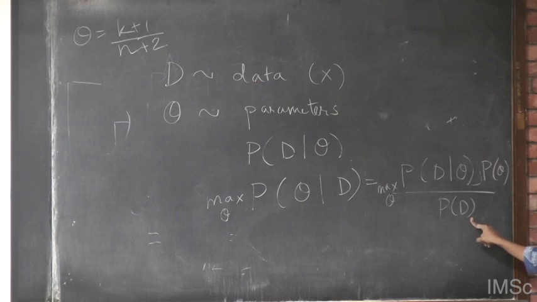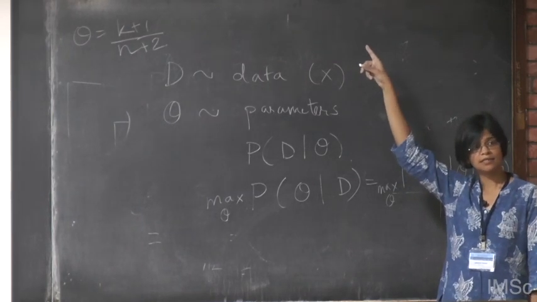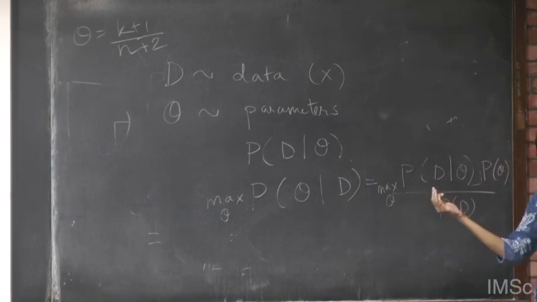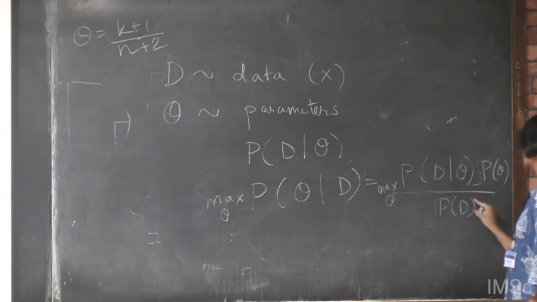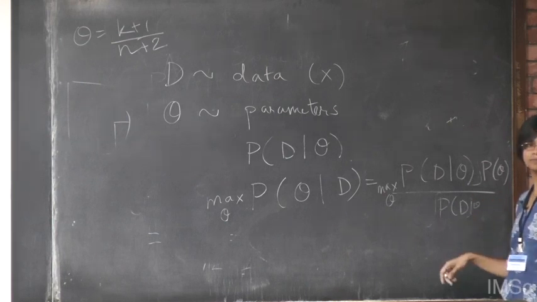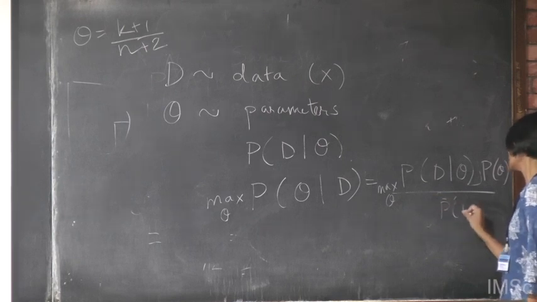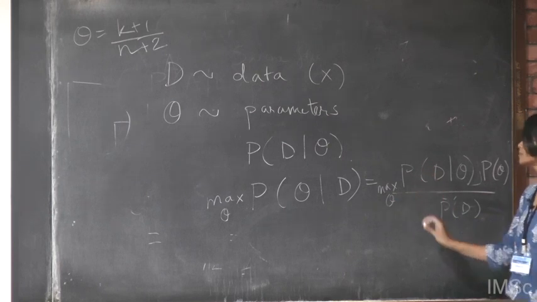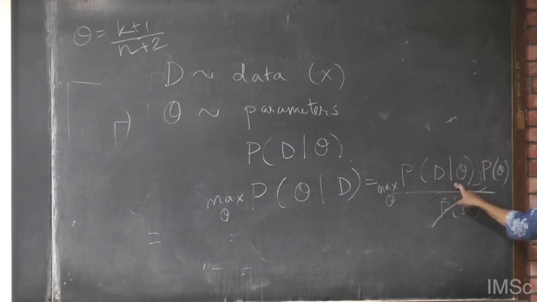It is independent of theta. Technically, this denominator is that earlier denominator of getting heads, where we split over all possible A and A bar. Technically, you should be doing this, P of D given theta and so on. But we don't care about all that, because P of D does not have a theta term in it. So this becomes the same as maximizing this quantity.